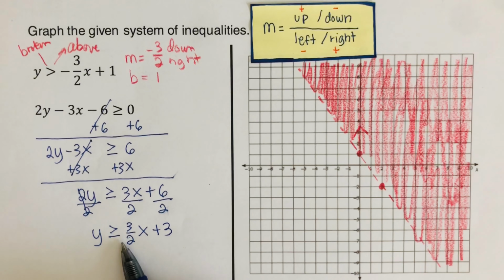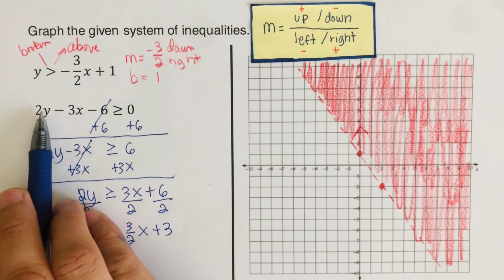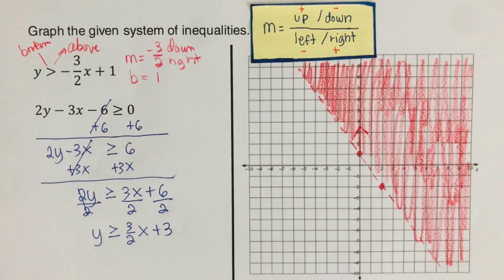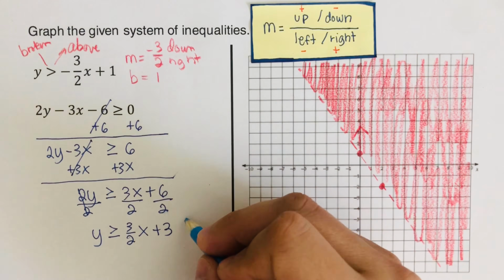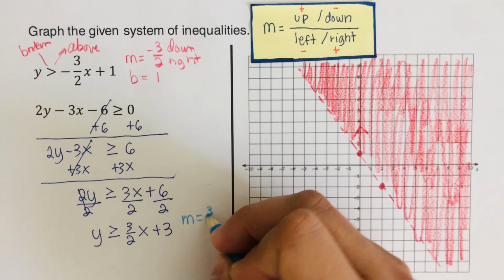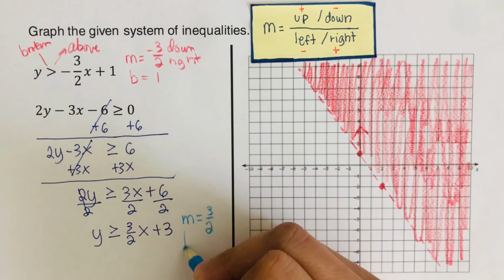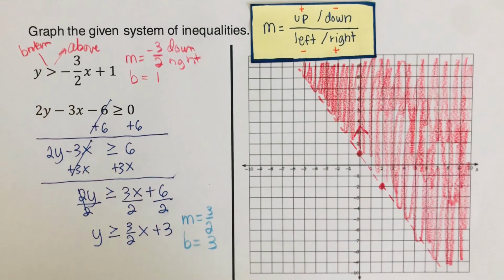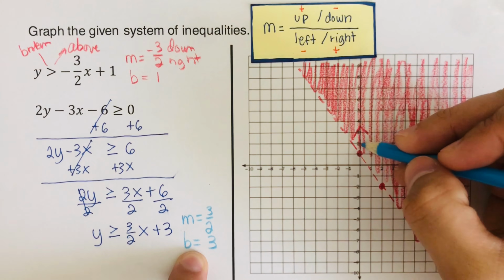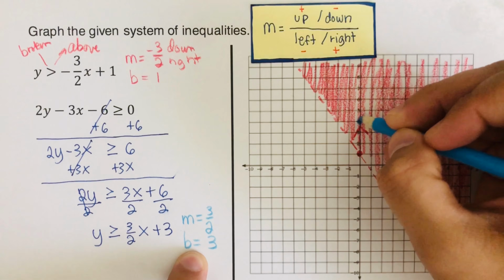So we can use this equation in order to graph this inequality right here. These two are equivalent. So from here, we can say that our slope is 3 over 2, and our b is 3, which means that we start from positive 3. That's 1, 2, 3. So it's going to be right here.